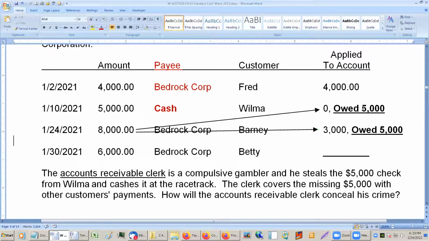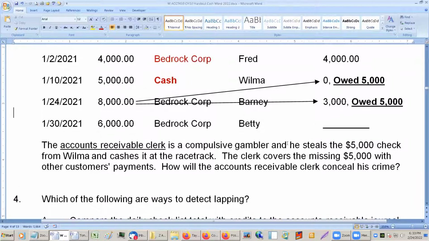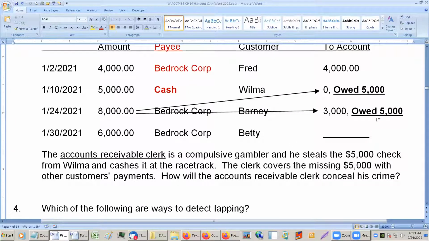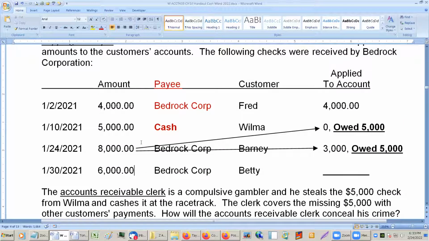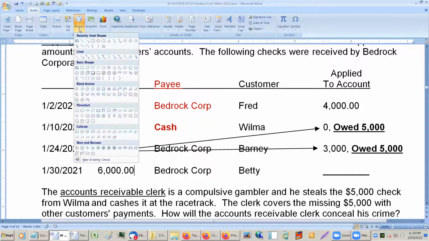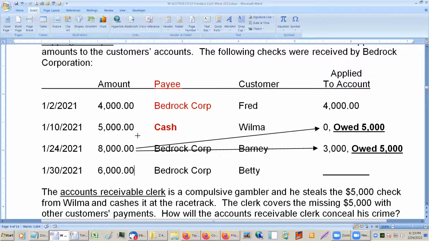We split up the $8,000. We paid off Wilma. Wilma's off our back. Now we got Barney on our back. We still owe Barney $5,000. Okay, well, Betty comes in. And Betty pays off the $5,000.